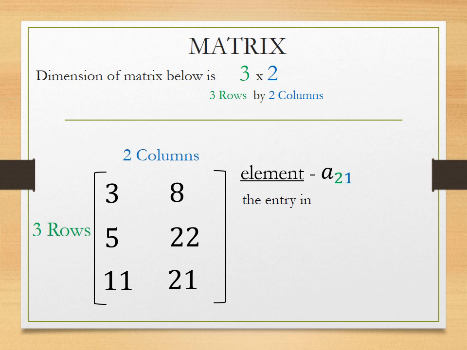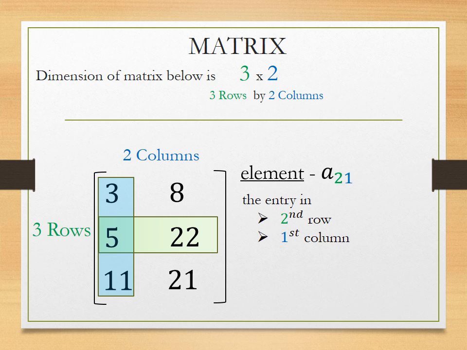Well, we know that the entry is going to be in the second row, because that 2 tells us it's the second row. And the 1 tells us that it's going to be in the first column. Where does that intersect? At the 5. So we know that A sub 2,1 is the element in the second row, first column, which in this case is 5.